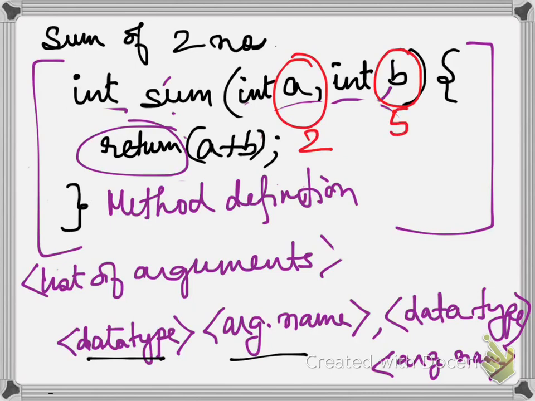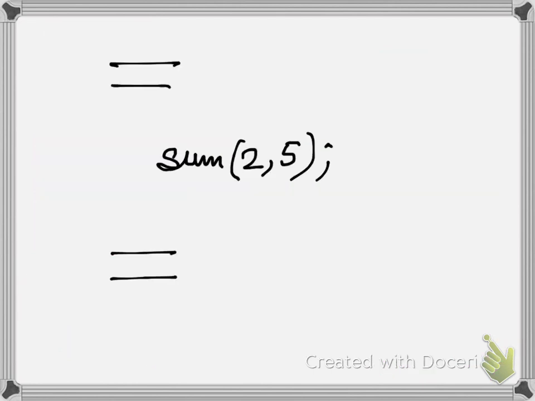So the value that is returned here will be 7. This returns me the value 7, and this value is going to be stored in some variable here, say int s.